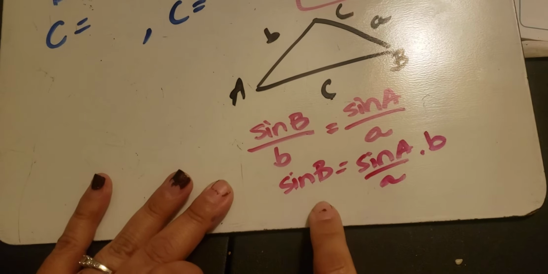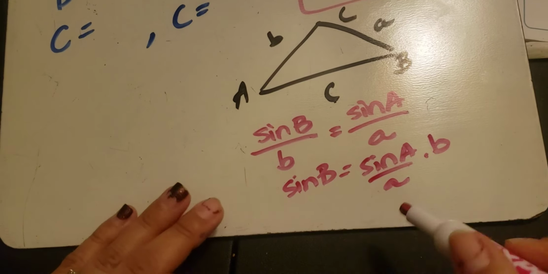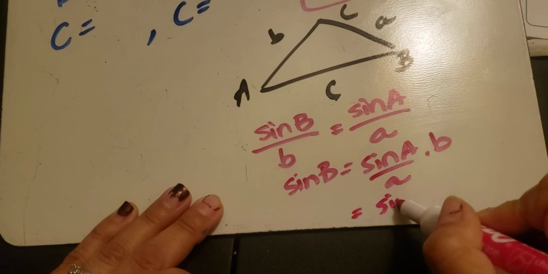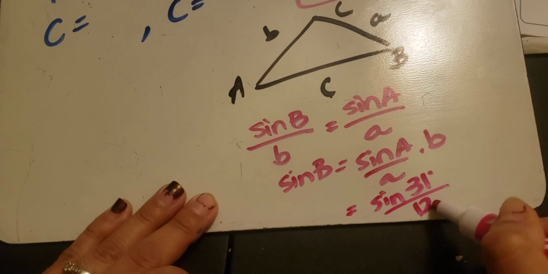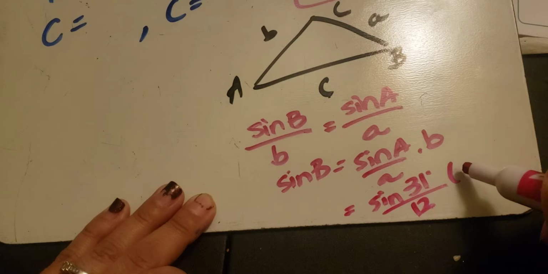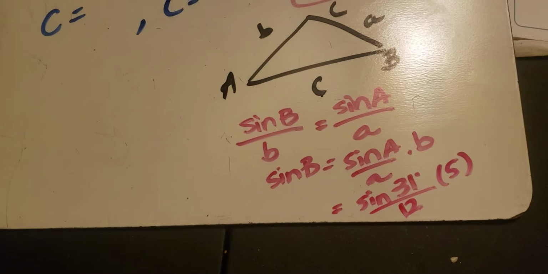I'm going to show you how to get the angle by itself, but let's work this out. So this is going to be sine of 31 degrees over a, which is 12, times b, which is 5. And I'm going to put this in the calculator.